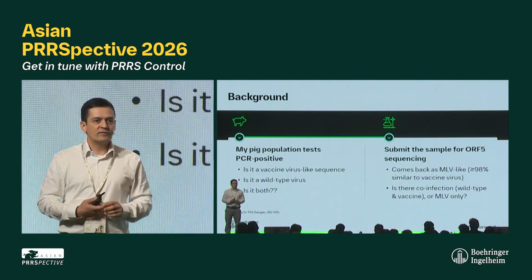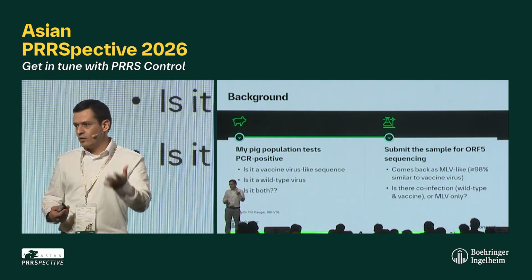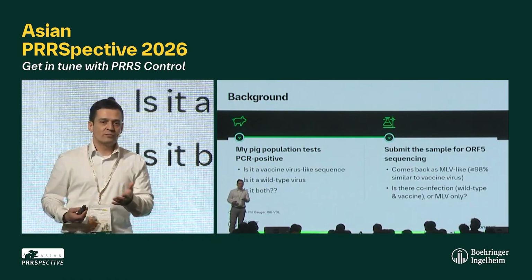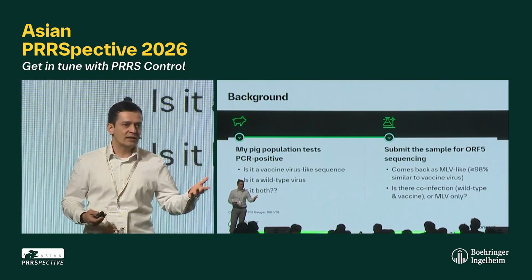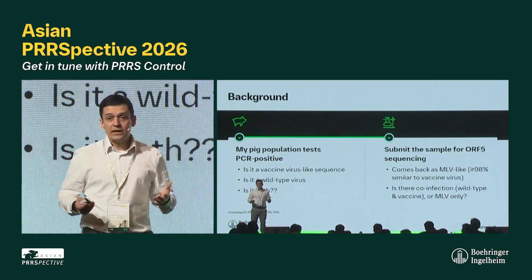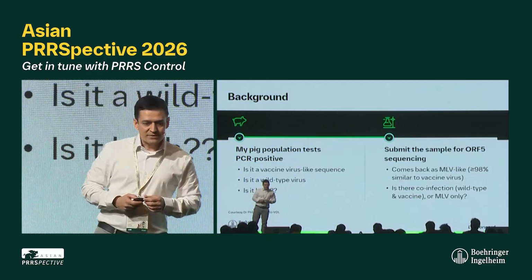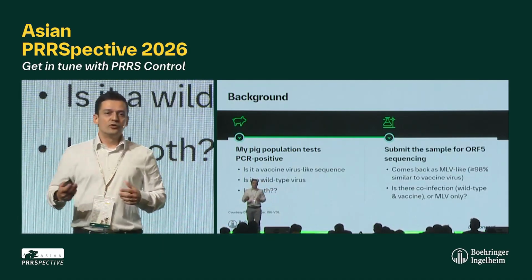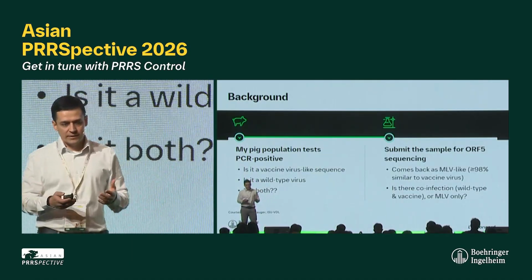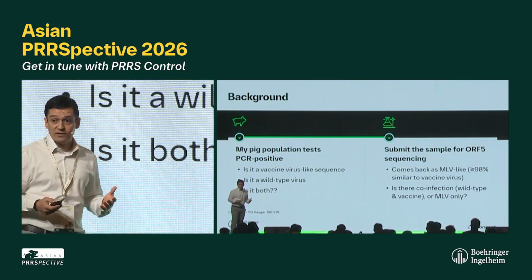But then a lot of times you have an ORF5 sequencing that's indicating it's MLV virus, but the pigs don't lie. Maybe there's mortality, maybe there's clinical signs, so things are not compatible, right? And that's when you bring clamp sequencing into play to really understand, do I have a wild-type infection behind that MLV vaccine?